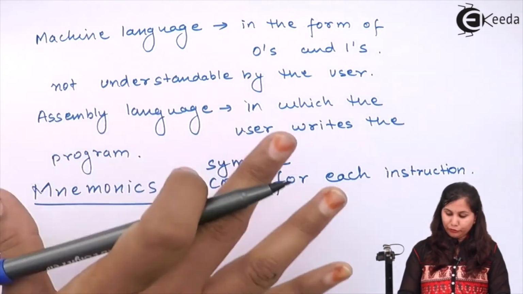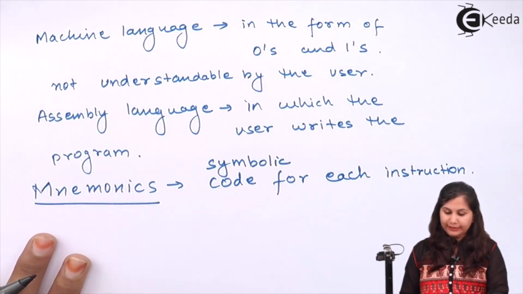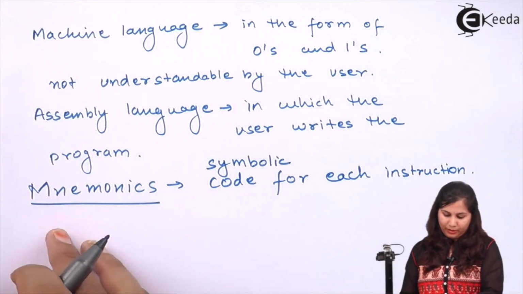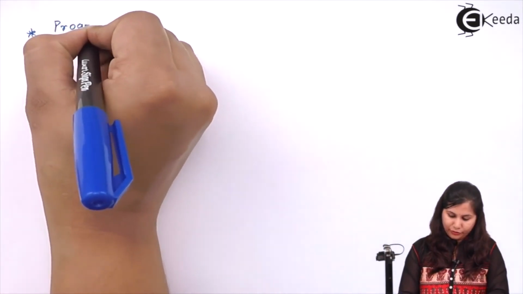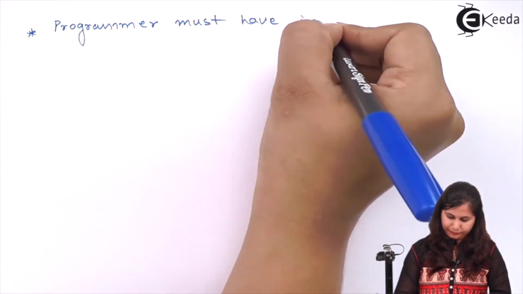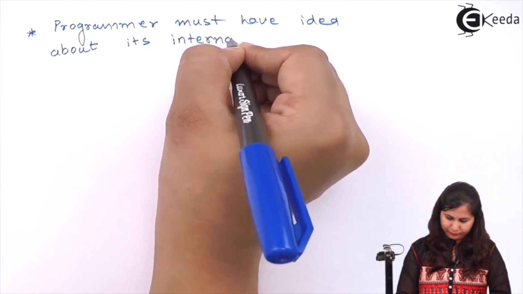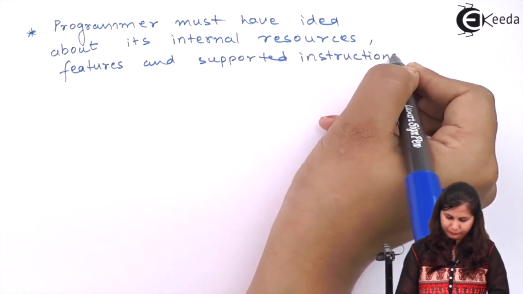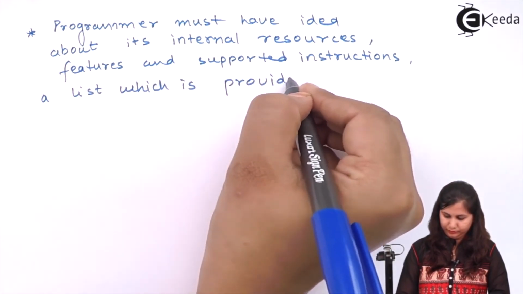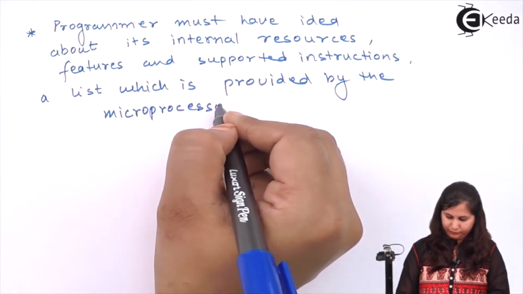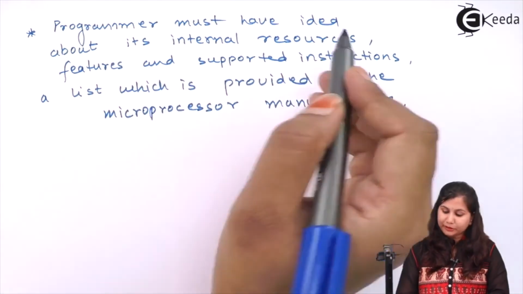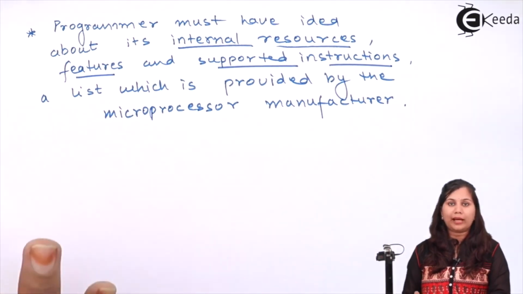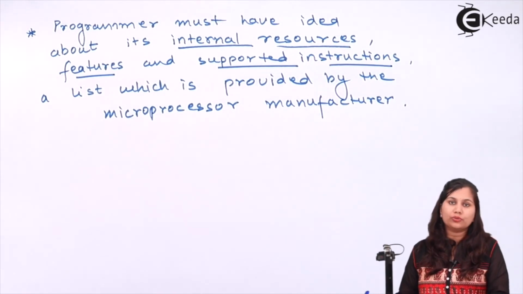He or she should be able to write the program using the mnemonics, so that they can easily use the microprocessor for different types of applications. So the programmer must have an idea about the internal resources of the microprocessor, its features and supported instructions, so that the programmer can write the programs for whatever application he wants to use the microprocessor.